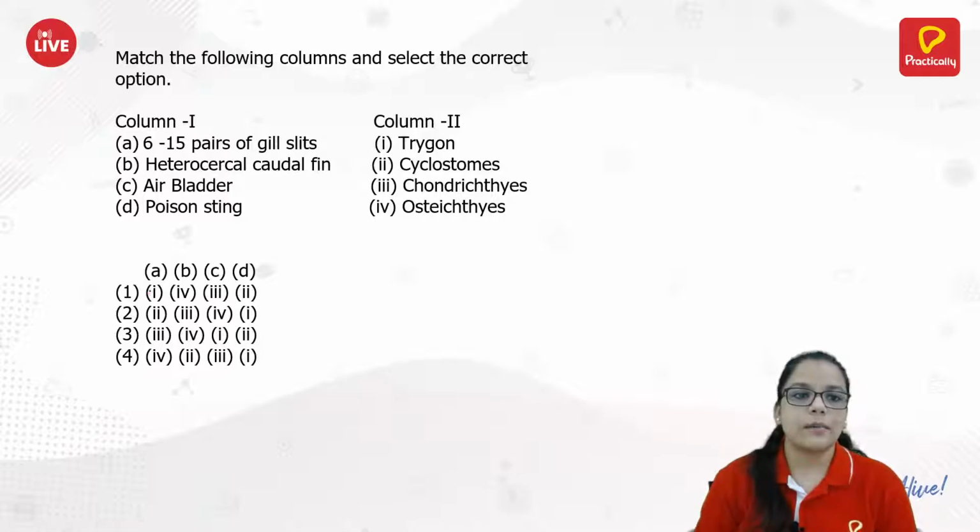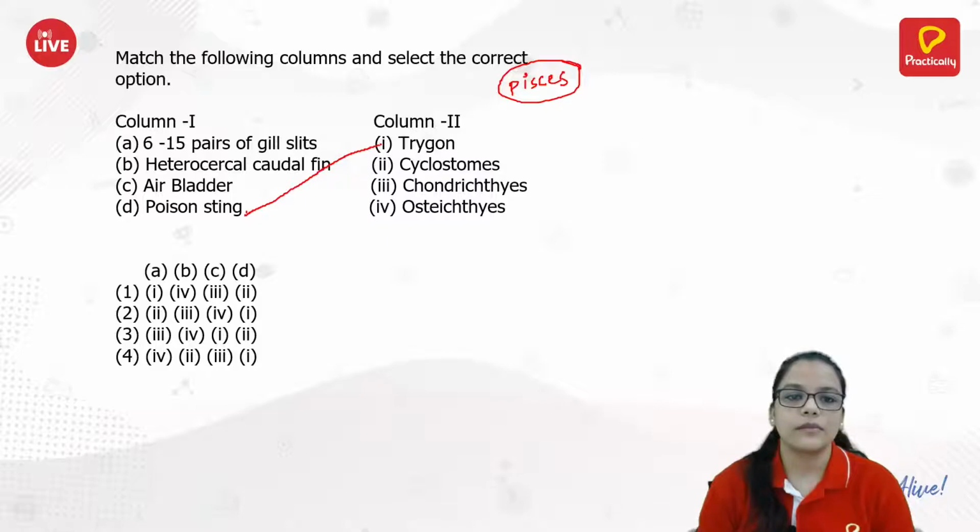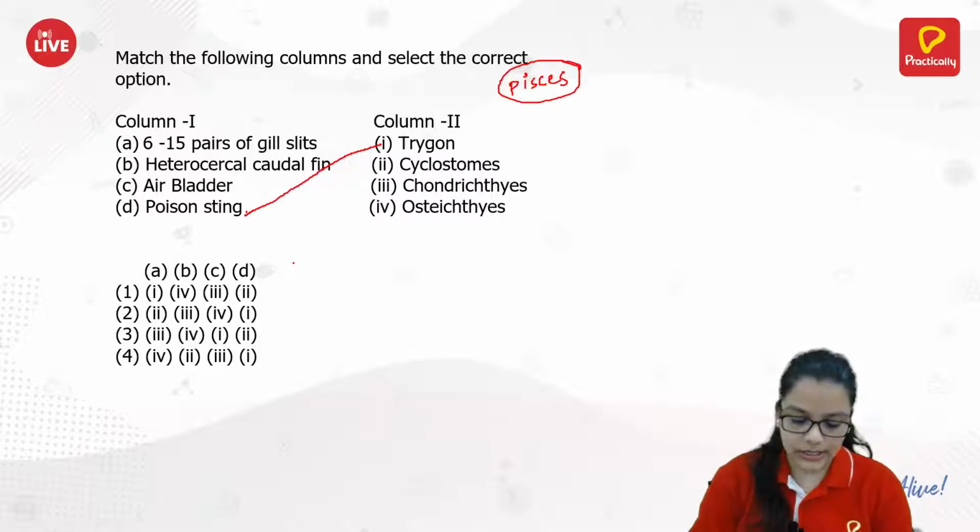Okay, here we are talking about the different kinds of species. 6 to 15 pairs of gill slits, heterocercal caudal fin, air bladder, poison sting. First is my favorite one. I'll try to match from the bottom. Poison sting is Trygon. Now what else is there? Air bladder is there in Osteichthyes.